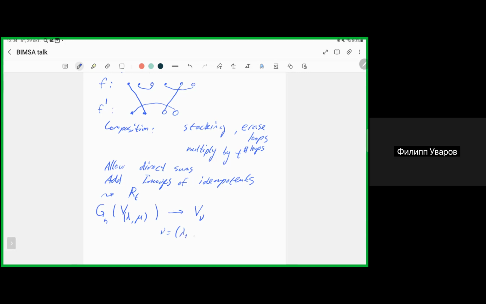It's just lambda 1, ..., lambda l, and then zeros, and then minus mu m, ..., minus mu 1, and so on.